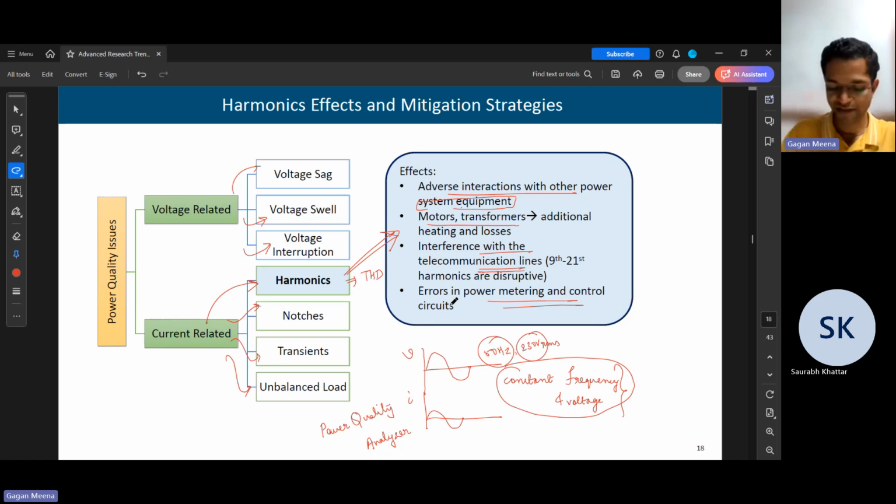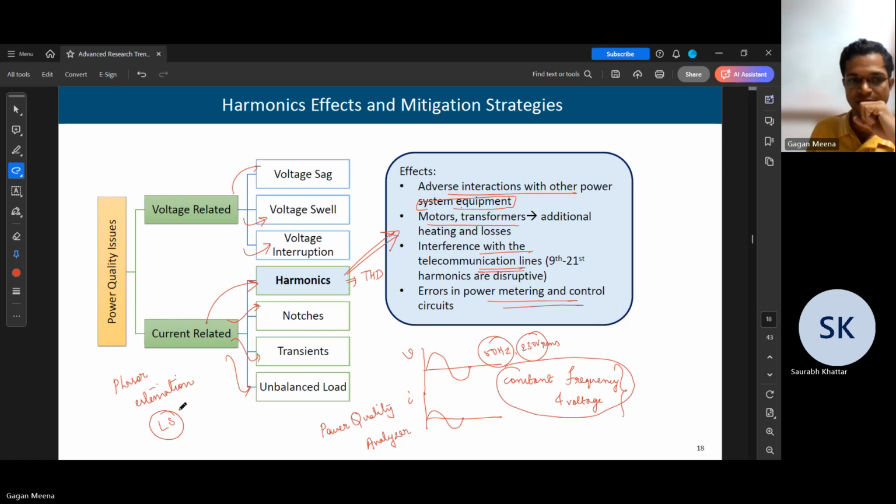We also saw, in the fourth or fifth week, the phasor estimation techniques, right? In that we only need the fundamental frequency, and we saw the least square method, where we can capture all the different frequency components and even the decaying DC component.